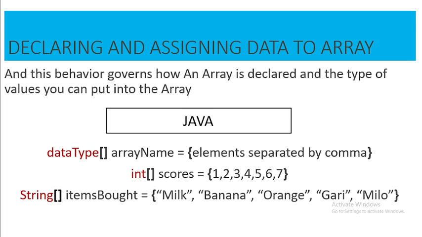String, square bracket, closing square bracket, items bought, then milk, banana, orange, gari, milo.